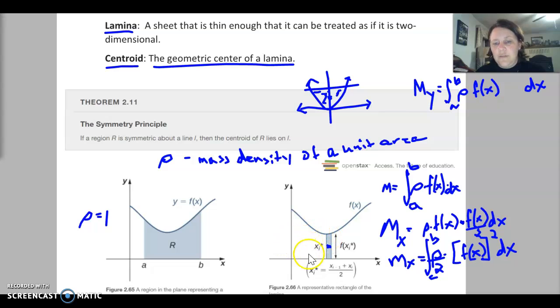So each one of these rectangles that we look at, the position that they're going to be in is whatever that x value is at that time. So each one of those rectangles is going to be right at x. So we're going to multiply that by x. So m sub y is going to be the integral from a to b of rho times x times f of x dx. And those are our three equations.